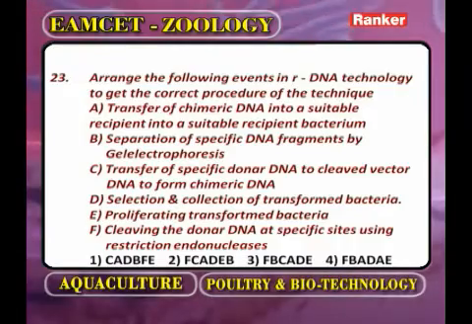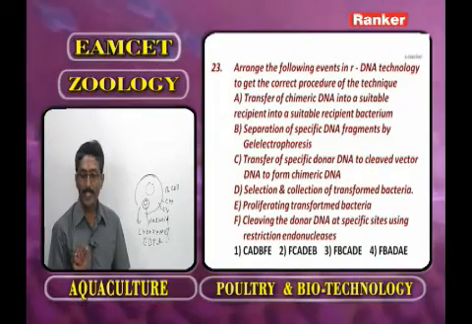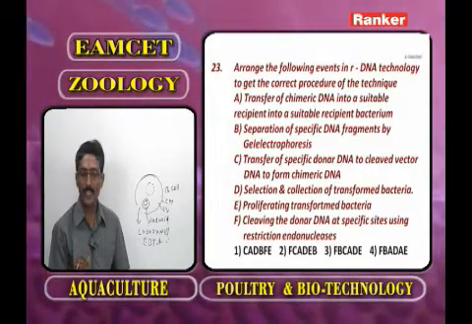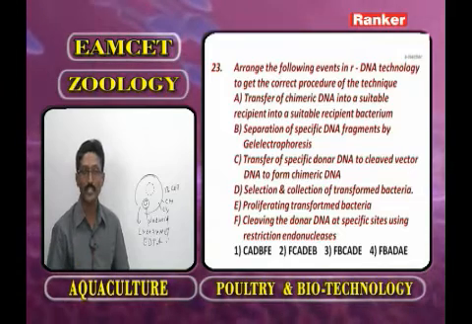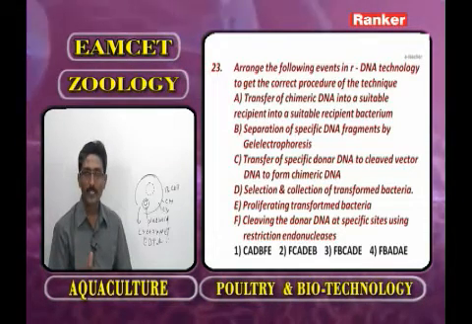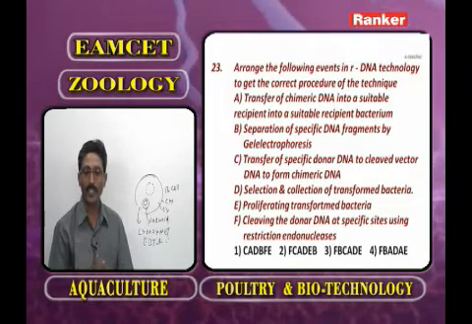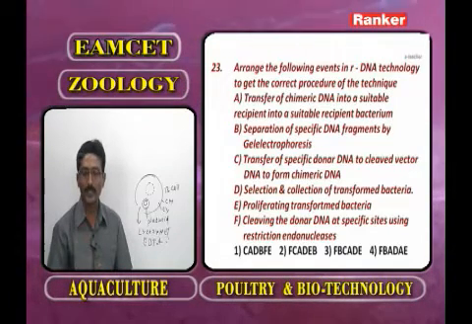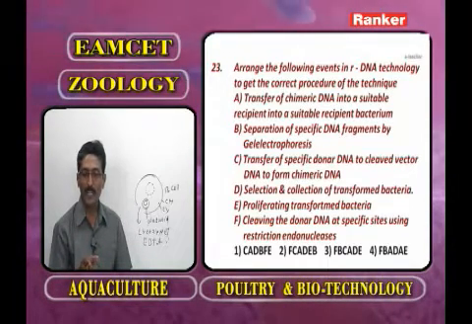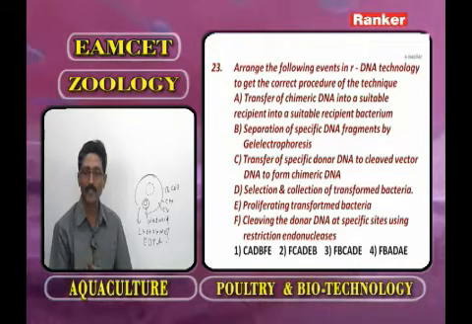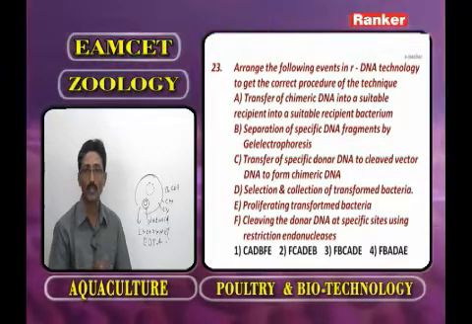Cleaving the donor DNA at specific sites using restriction endonucleases. Now the fragments are separated by gel electrophoresis. Now we go for B, separation of specific DNA fragments by gel electrophoresis.